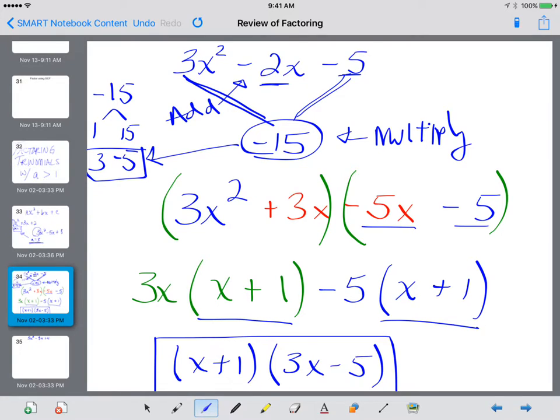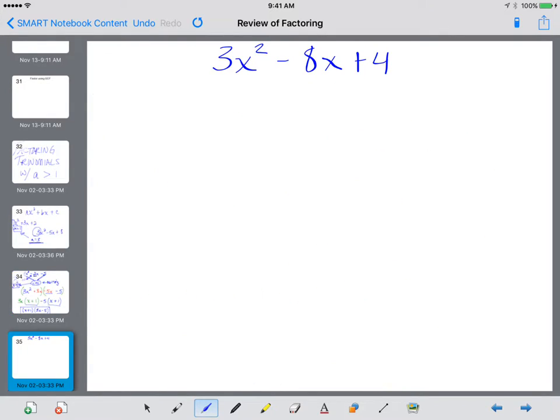Now I'm going to show you another one, and I'm going to move a little quicker in this one. So step 1, multiply your two outside terms. 3 times 4 is 12. Now we're going to look for factors of 12 that are going to add to get negative 8. We want to add to get negative 8x.